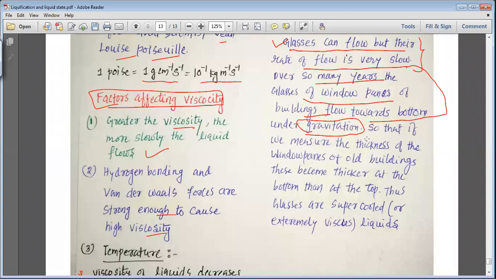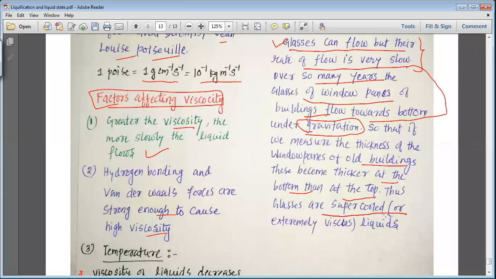so that if we measure the thickness of the window panes of old buildings, these become thicker at the bottom. If we measure the thickness of the old window panes, we will find that the bottom of these glasses is thicker than the top.